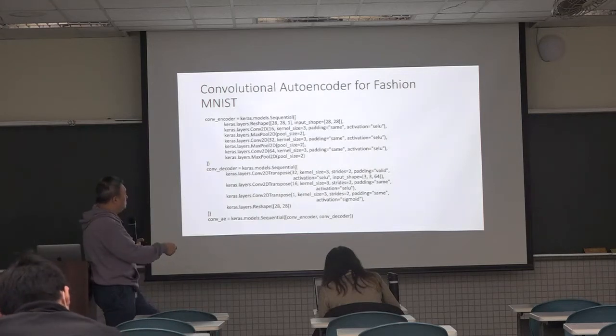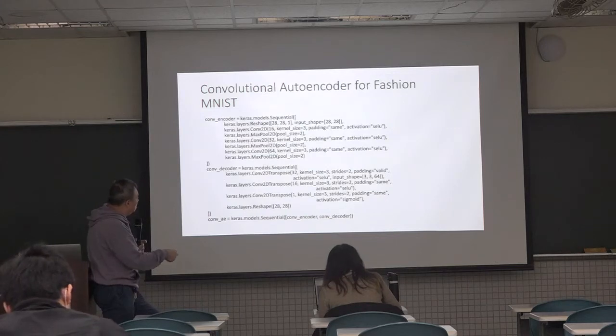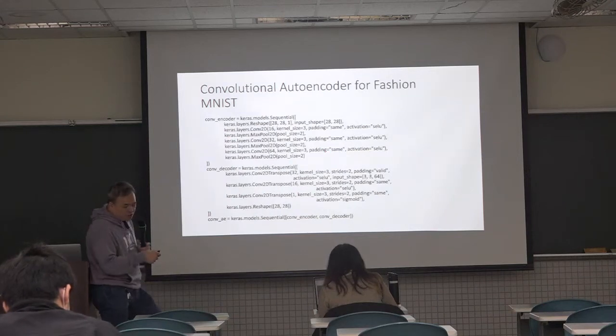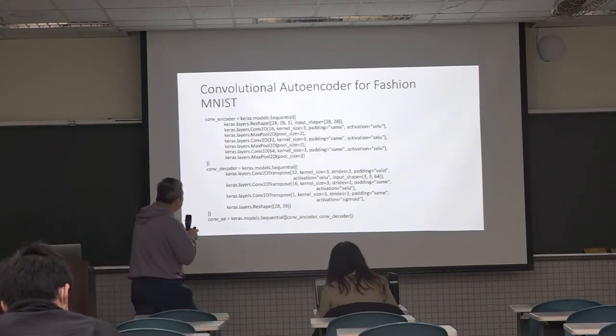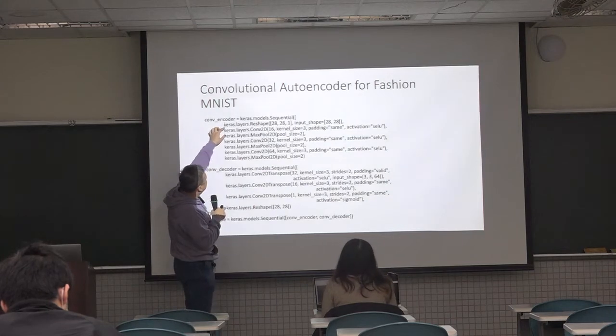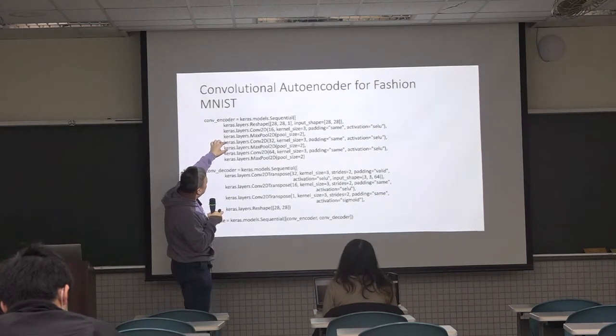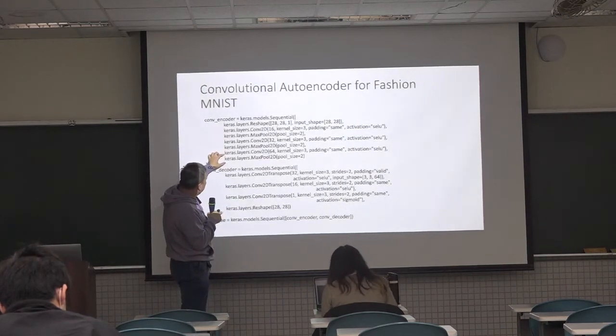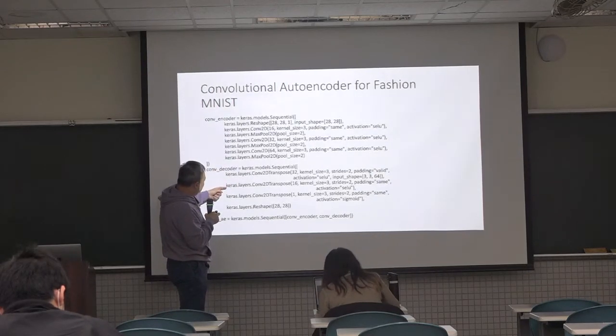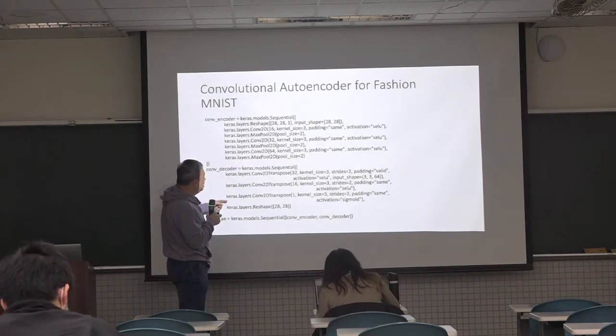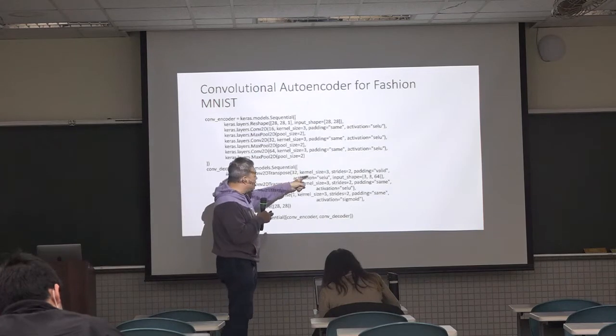So in some sense, each of these lines is the reverse of Conv2D and max pooling. We have 3 steps of Conv2D, max pooling, Conv2D, max pooling, Conv2D, max pooling, so we also have 3 Conv2DTranspose layers. Each one has stride 2.